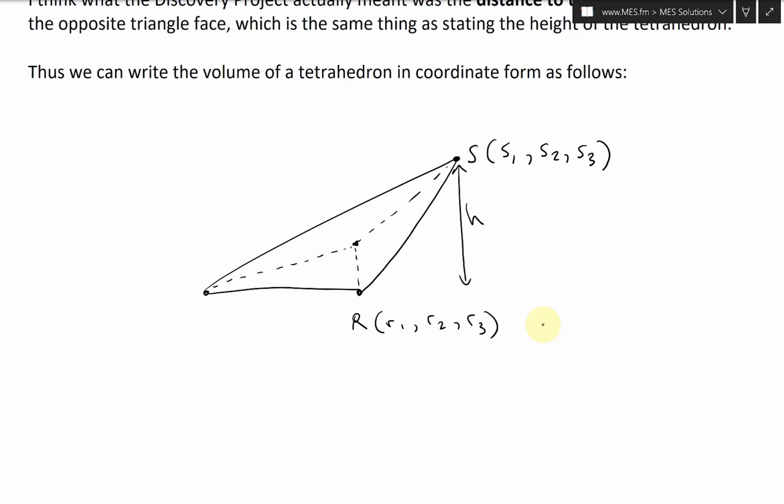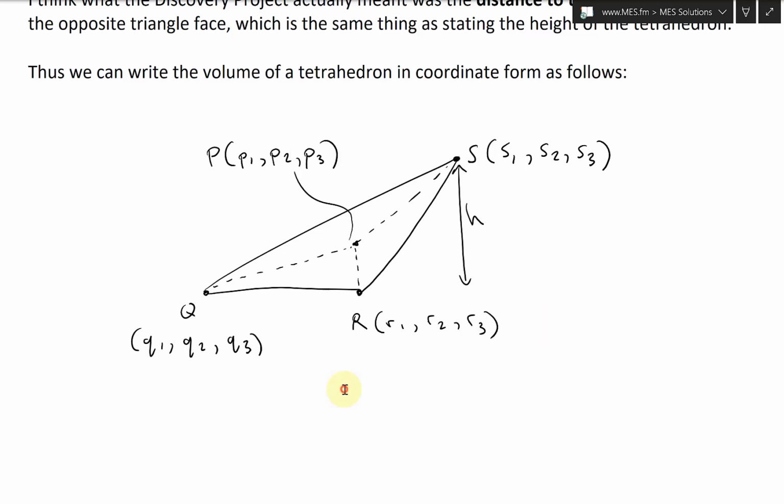And this point right here, let's call this Q, with coordinates Q1, Q2, and Q3. And at this point right here, we will call this point P, with coordinates P1, P2, and P3.